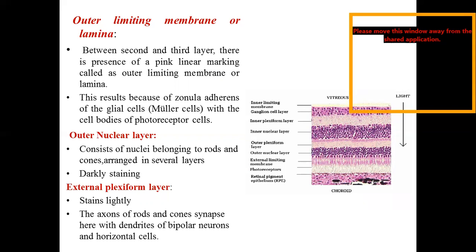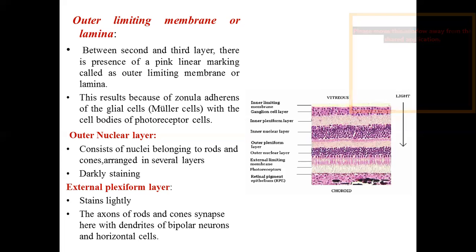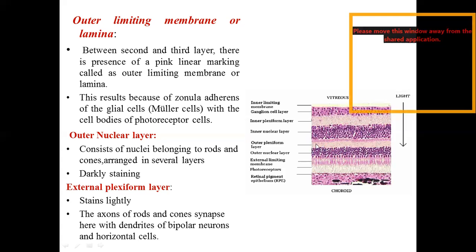Then we have outer nuclear layer. Here you can make out it consists of nuclei of rods and cones. The nuclei of rods and cones are arranged in several layers, and so they are darkly stained. Just beneath that, outer plexiform or external plexiform layer, which is lightly stained.